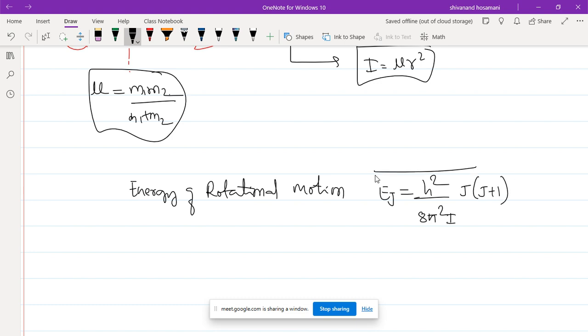So this is what is called the energy of a rigid rotator. J is called the rotational quantum number.